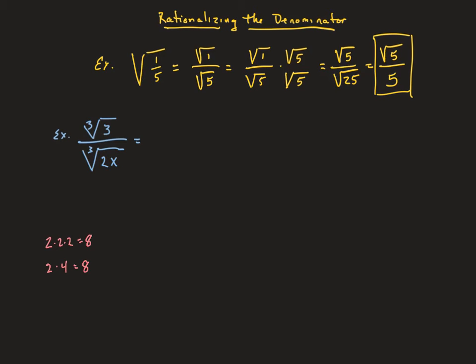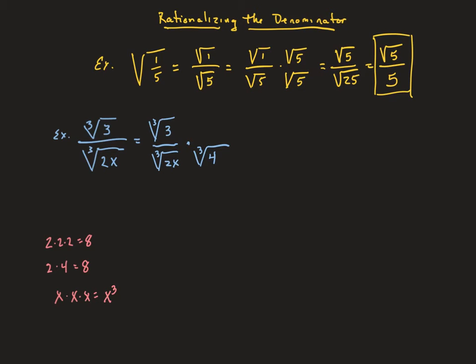So if I go ahead and do some thinking here, over the cube root of 2x, I'm going to multiply it by the cube root of, well, we just said 4, and then x. Well, x times x times x is a perfect cube, and that would be x to the 3rd.